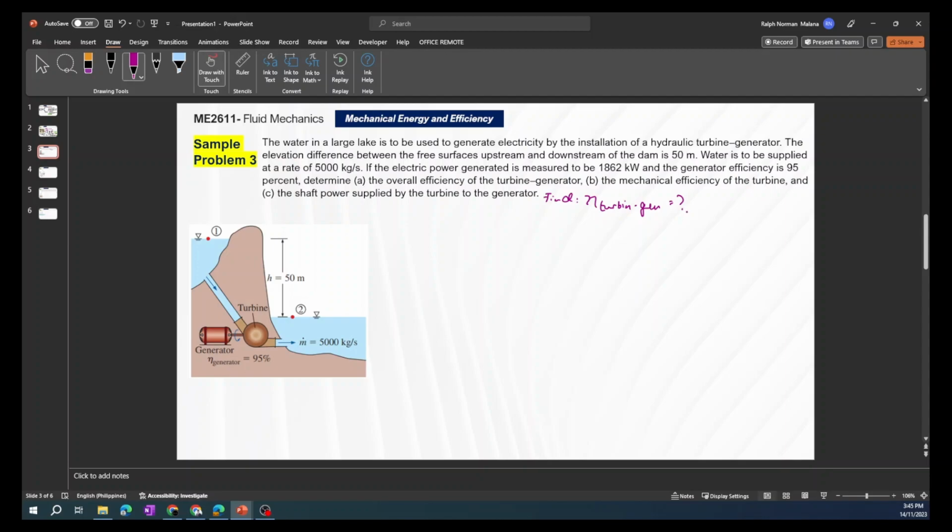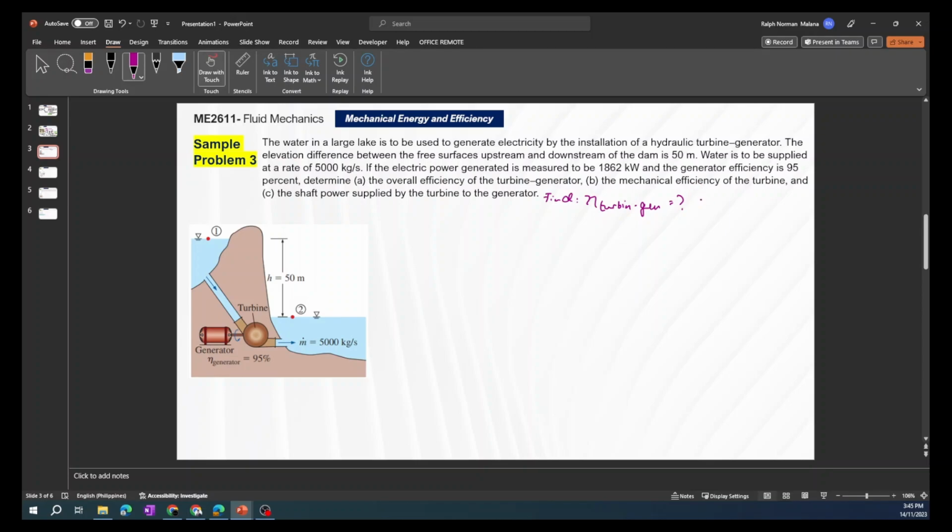So mechanical efficiency of the turbine, that's going to be n overall, basically.